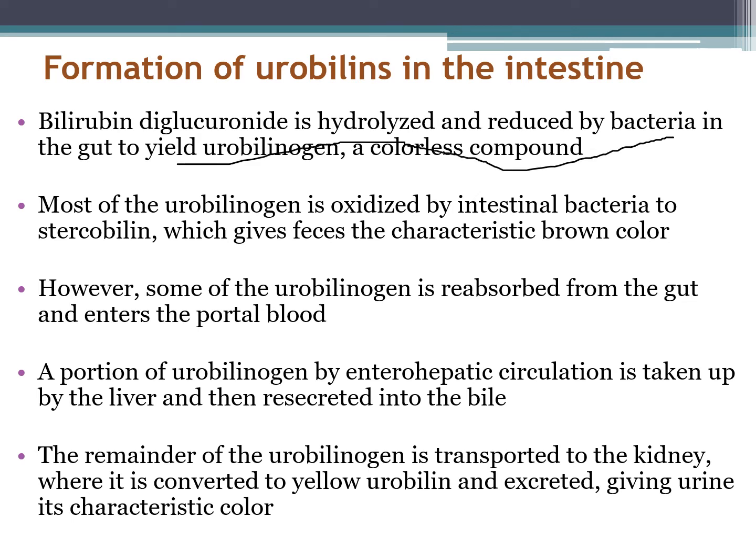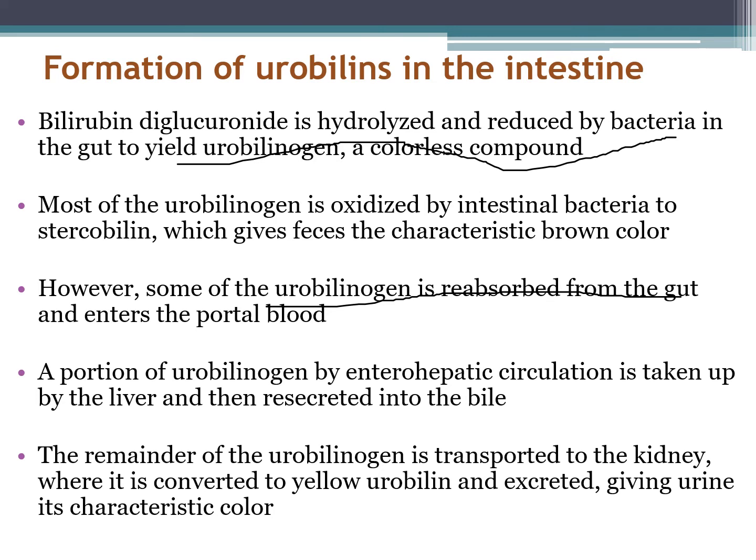Most of the urobilinogen is oxidized by the intestinal bacteria to stercobilin, which gives feces the characteristic brown color. However, some of the urobilinogen is reabsorbed from the gut and enters the portal blood. A portion of urobilinogen, by enterohepatic circulation, is taken up by the liver and then resecreted into the bile.